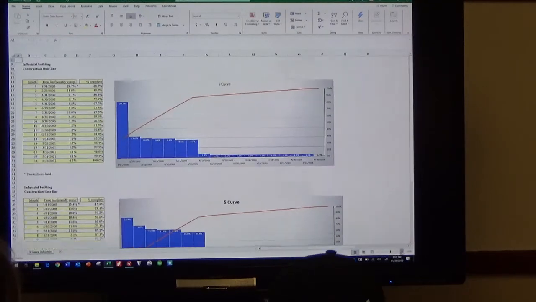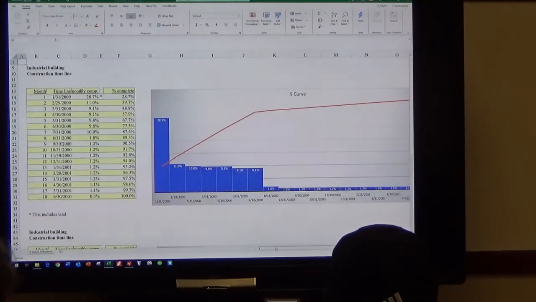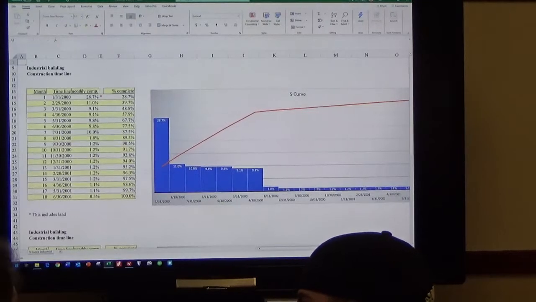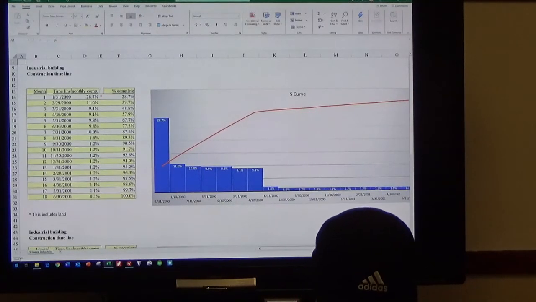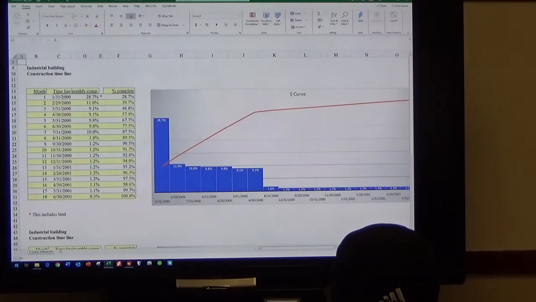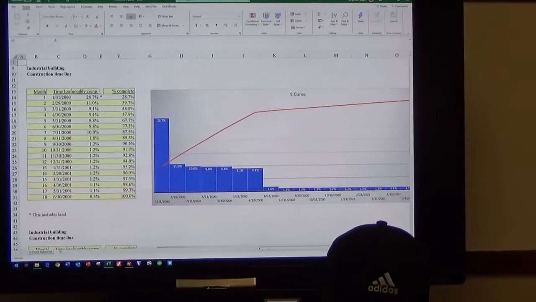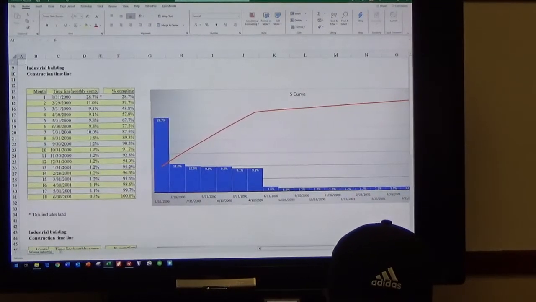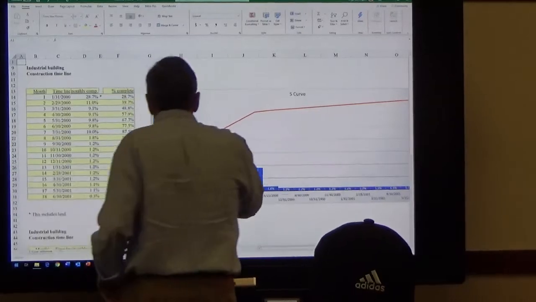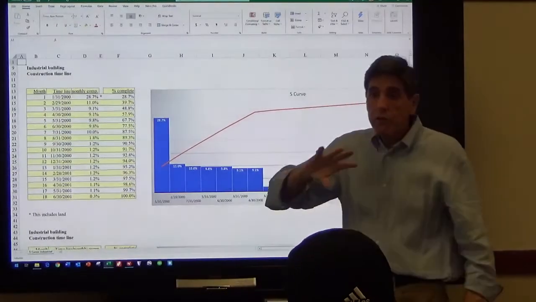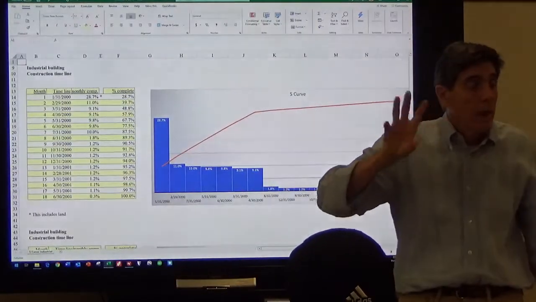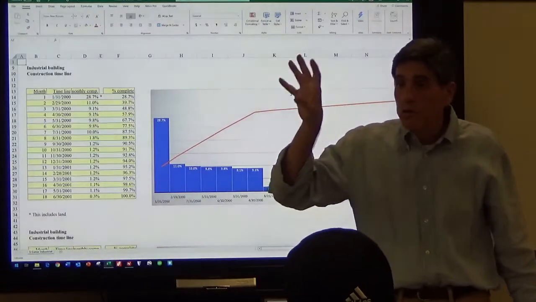Guys, I took this real life industrial building that we had built some years ago. People talk about an S curve, and really at the end of the day, what you're looking for is to find a way to model the cash flows involved with construction and development.